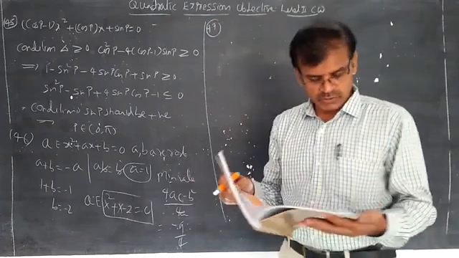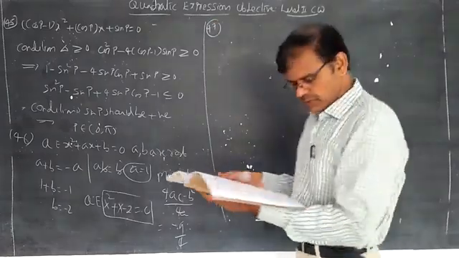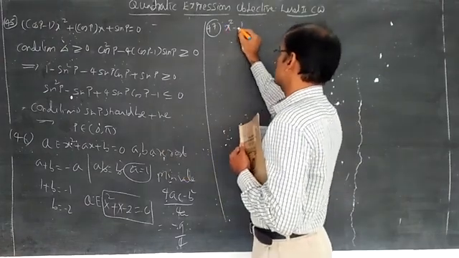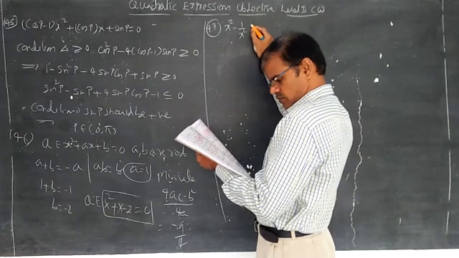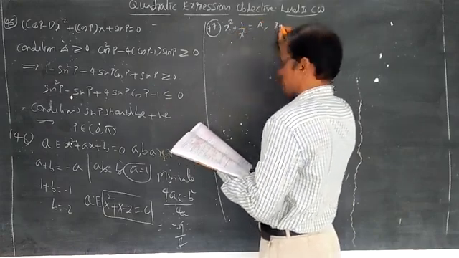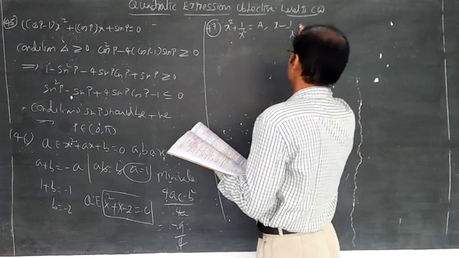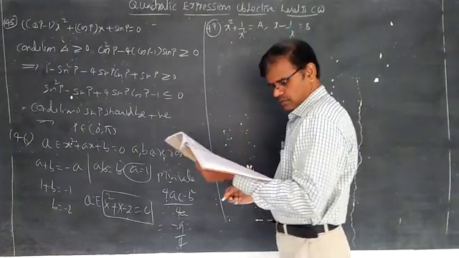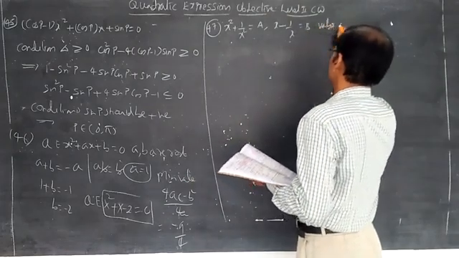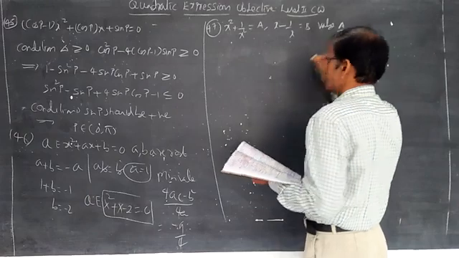Let us see the 47th question. If x square plus 1 by x square is equal to a and x minus 1 by x is equal to b, mod x greater than 1, then find the value of a by b.